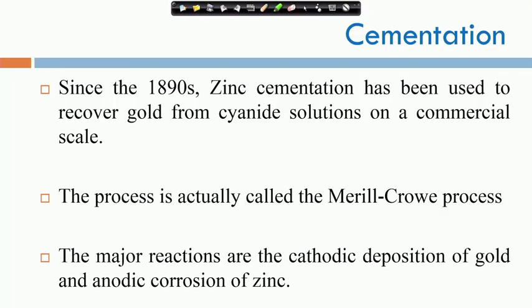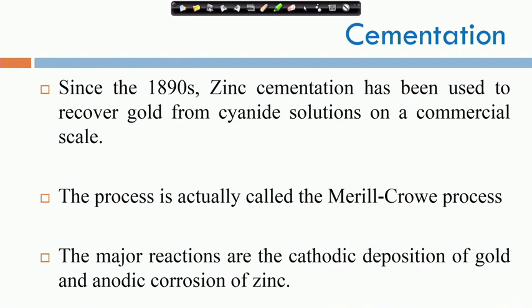It's a pretty old method, since almost 130 or 140 years ago. Zinc cementation has been used. Once you have the gold from the gold ore in the cyanide solution, zinc cementation is used to recover the gold from the cyanide solution on a commercial scale.